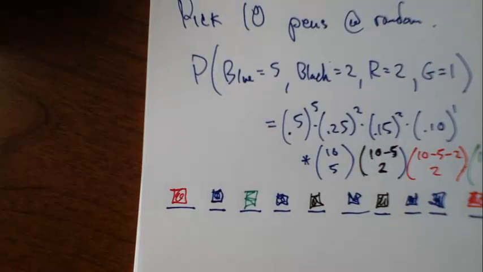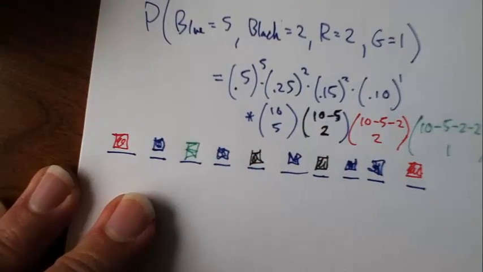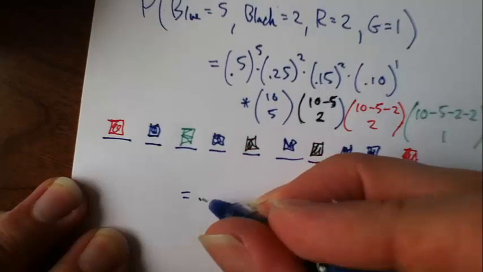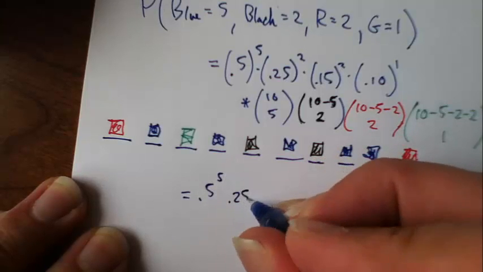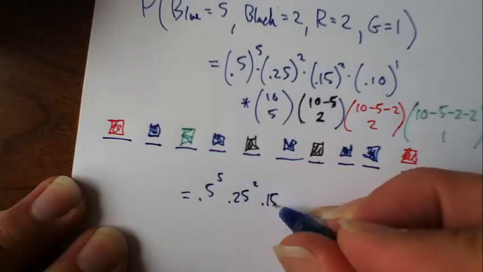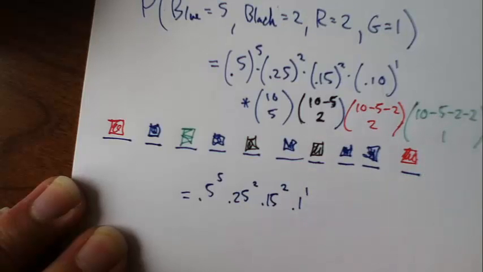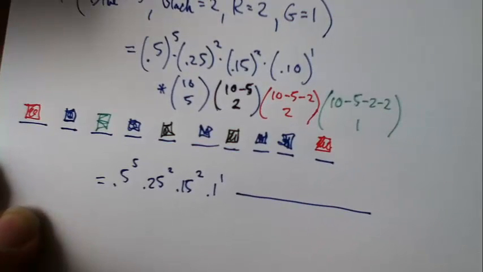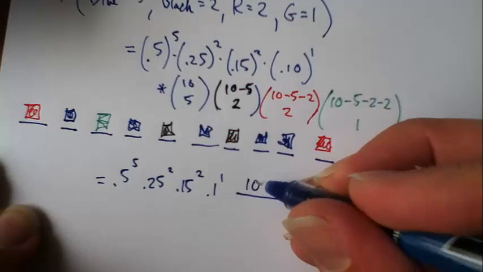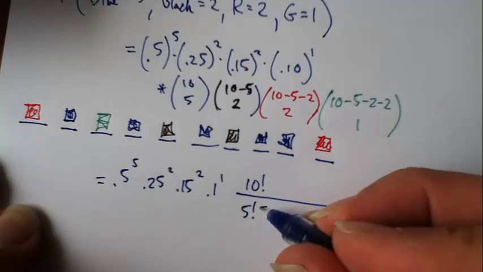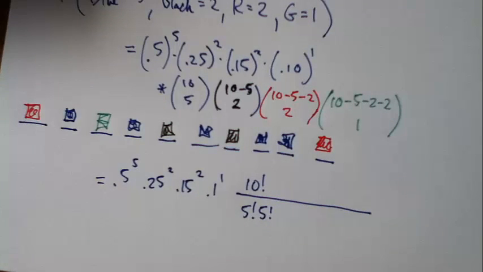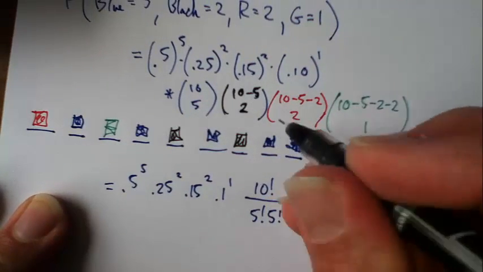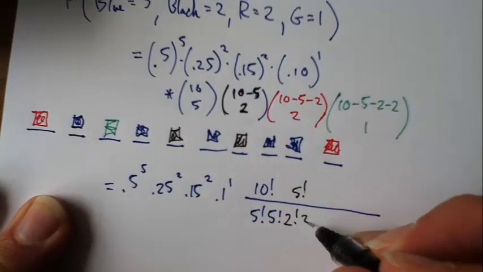Okay. Now let's rewrite this a little differently here. This is going to be 0.5 to the 5th times a quarter to the 2nd times 15% to the 2nd times 0.1 to the 1st, times, I'm going to write this out the long way: 10 factorial over 5 factorial 5 factorial, and then times 5 factorial over 2 factorial 3 factorial.